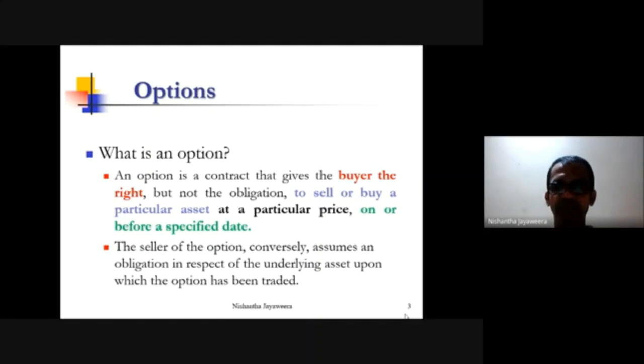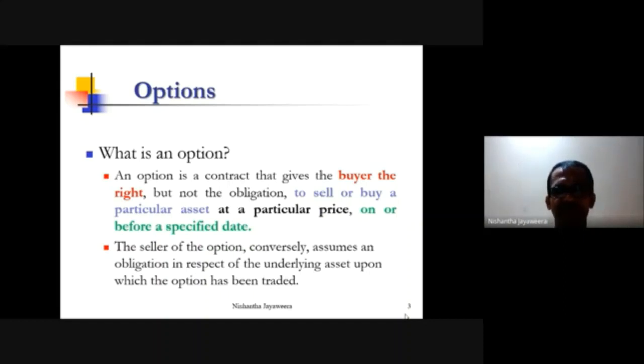But what do you buy? When you buy an option, you buy a right. What is your right? It may be to buy something or maybe to sell something for the specific underlying. We can say the right can be to buy an underlying asset or to sell an underlying asset.